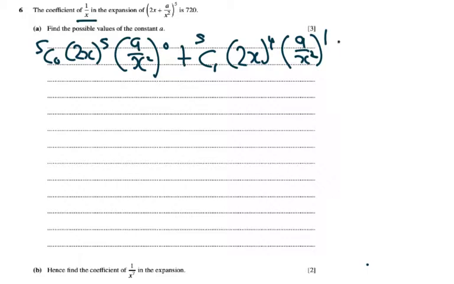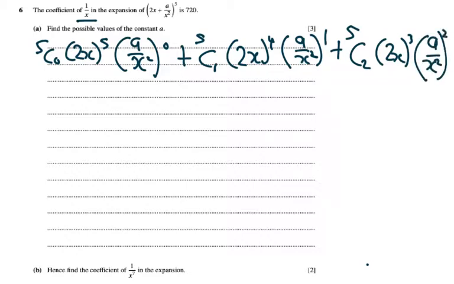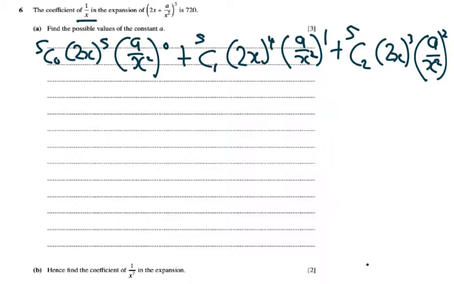So I can go for one more, 5c2. 5c2 times 2x to the power of 3, and at the bottom you have a over x squared to the power of 2. So 2x cubed, or sorry, 8x cubed, and then a squared over x to the power of 4.